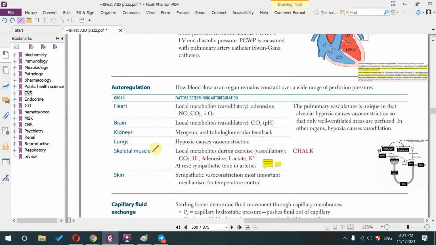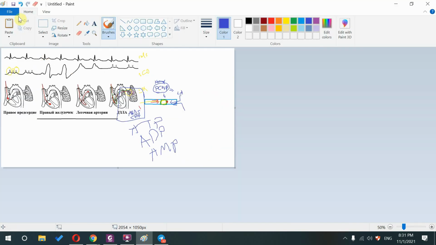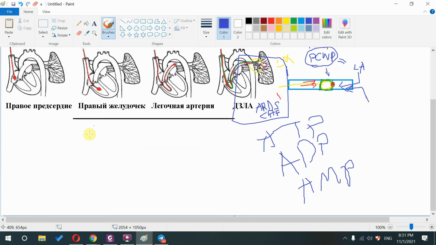Okay, now the lung. The lung is unique, in which hypoxia causes vasoconstriction. Why? Well, it's important to know. Look here, guys, if we say that this lung has 3 alveoles, for the sake of simplicity, imagine that the lung only has 3 alveoles: alveole 1, 2, and 3.